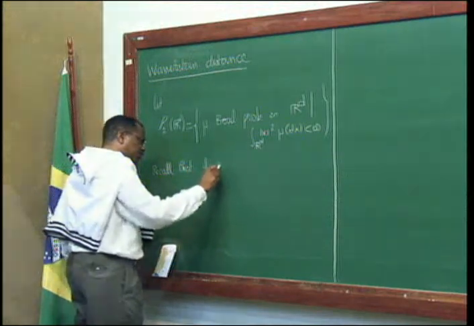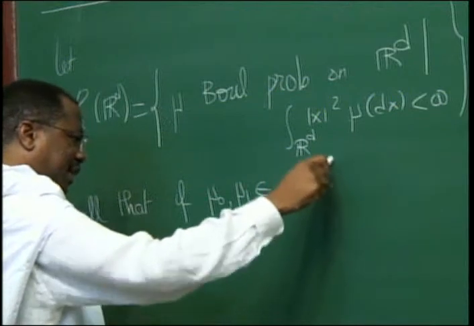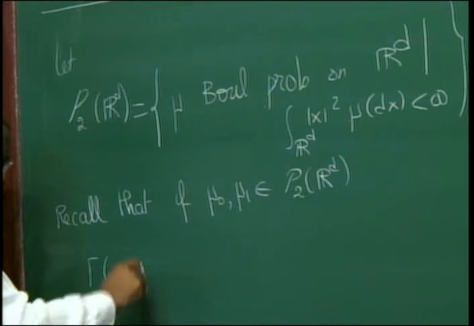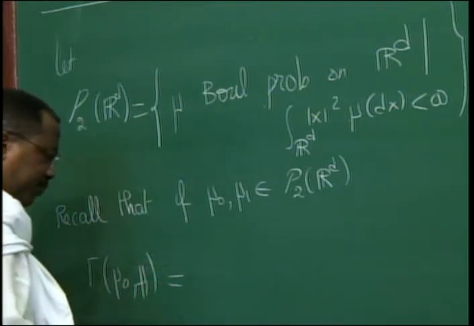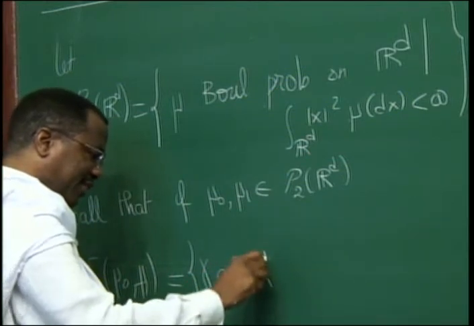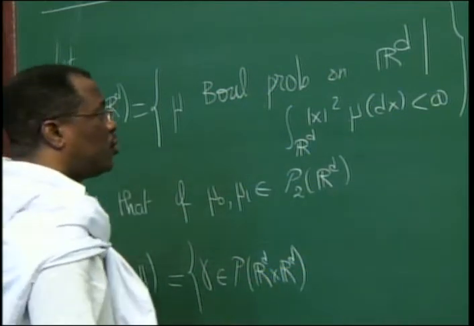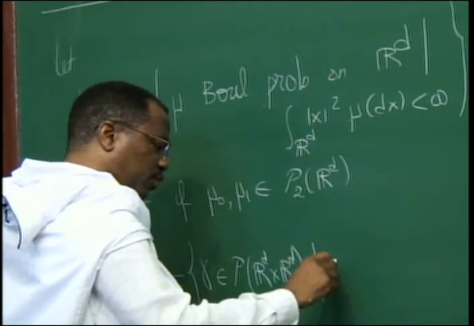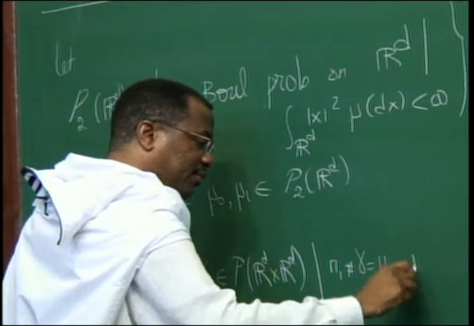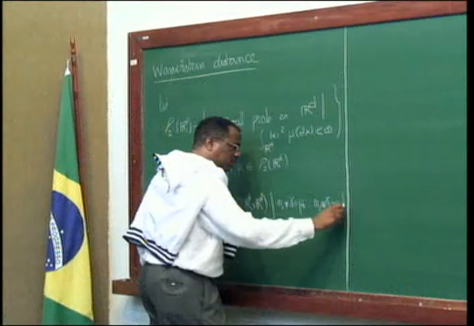if mu naught, mu 1 are in P2(R^d), Gamma(mu naught, mu 1) is the set of Borel probability measures gamma on R^d cross R^d such that the first projection of gamma is mu naught and the second projection of gamma is mu 1.